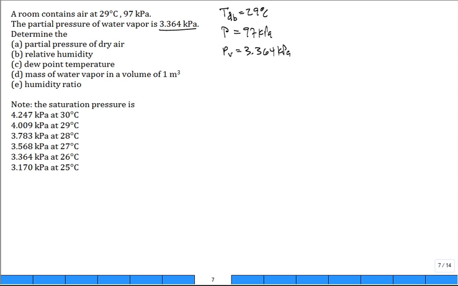How do we calculate the partial pressure of the dry air? It's P minus PV, right? So the partial pressure of the dry air comes right in at 93.64 kilopascal. Answer to part A. Now part B. What's the relative humidity?